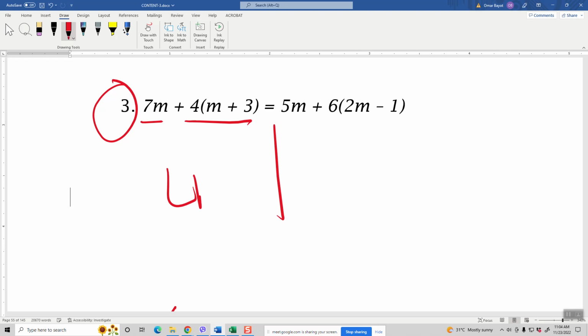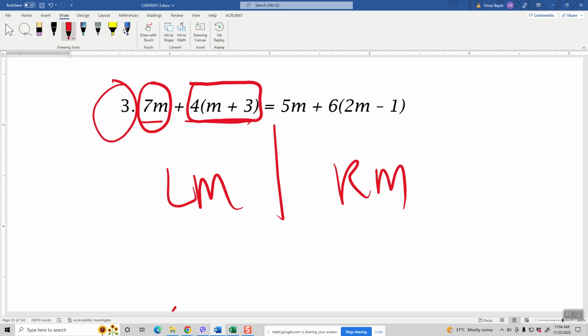Analyzing the left member of the equation and the right member of the equation, how many terms do we have on the left member of the equation? We only have 2. Again, the determination of the number of terms depends greatly on the plus or minus sign. So the operation here is addition between 2 terms. Again, only the plus and minus signs identify the number of terms.